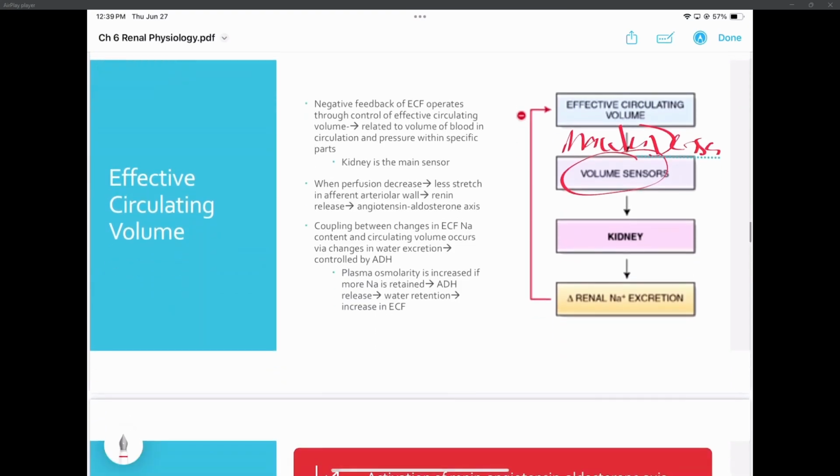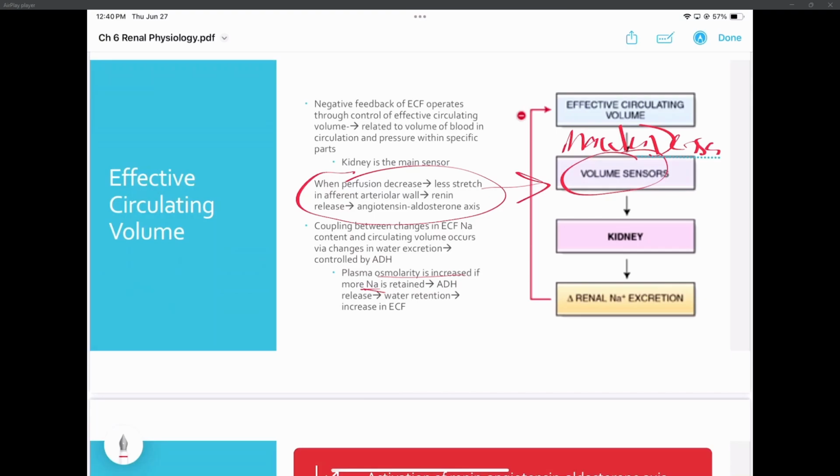Okay, so here we talked about the sensors with the macula densa, as far as less stretch of the afferent arterioles, then renin gets released, and the renin-angiotensin I-II-aldosterone cascade starts. And obviously, plasma osmolarity will be increased if more sodium is retained. When osmolarity goes up, it's sensed by the hypothalamus to release what hormone?